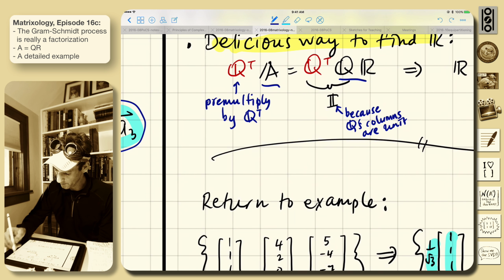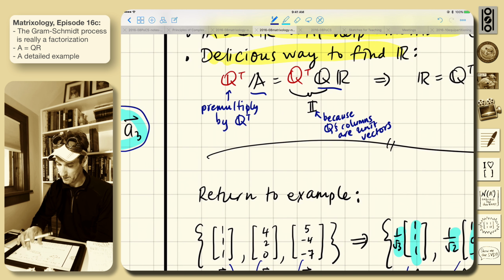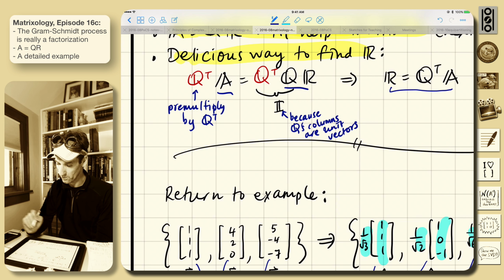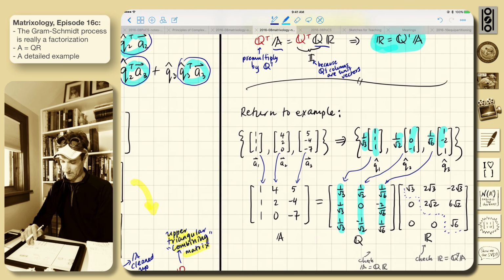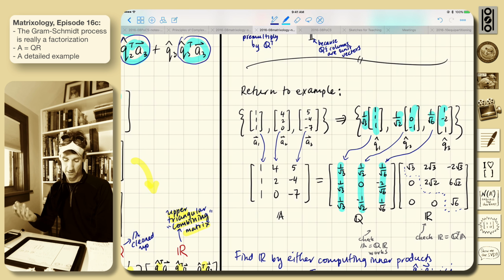Now, we like the identity multiplying something because identity times R is just R, so we're going to swap it around. So R is just Q transpose A. So that's a nice thing. That's a fairly easy way to get it. You are guaranteed, in fact, to get an upper triangular matrix, so it's sort of a nice thing to do.